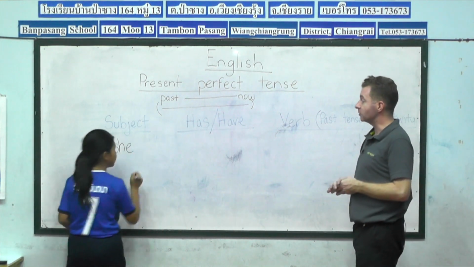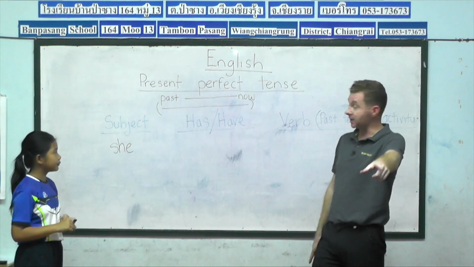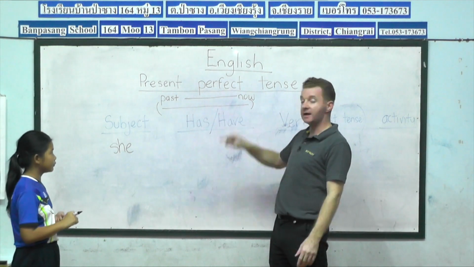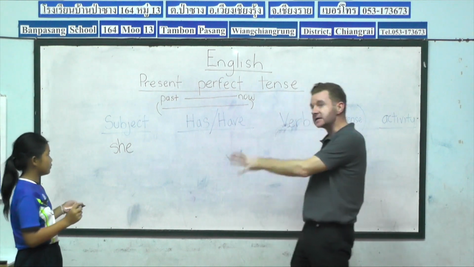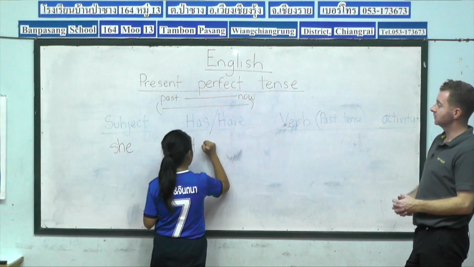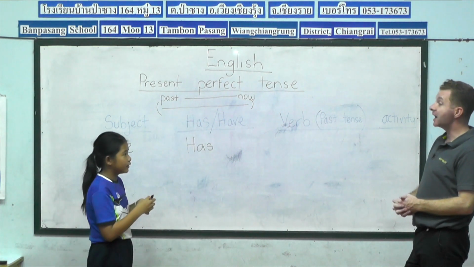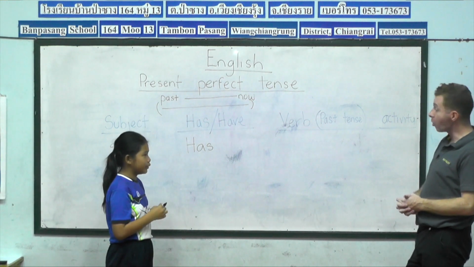Okay, so Lacau has gone for she. So now we have a decision to make. Do we use has or have? She has. Well done. She has. And what has she done? She has drunk water.